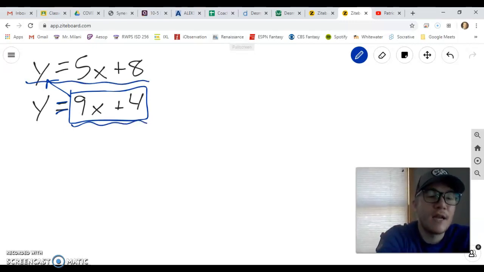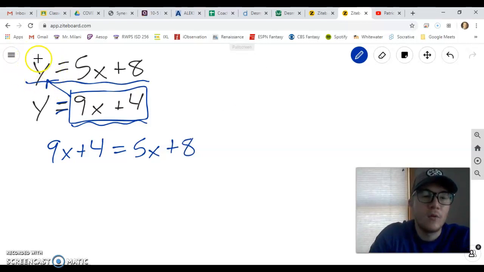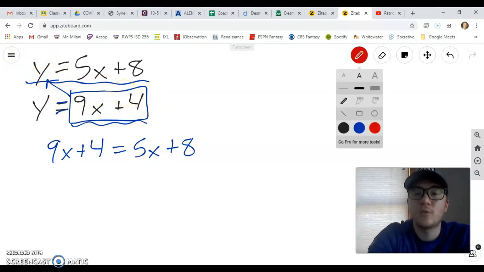So now I'm going to have 9x plus 4, and that's going to be equal to 5x plus 8, because I substituted this y with the entire expression that it's equal to. And now we're solving the same way that we did the last one. There's just 1 or 2 extra steps.